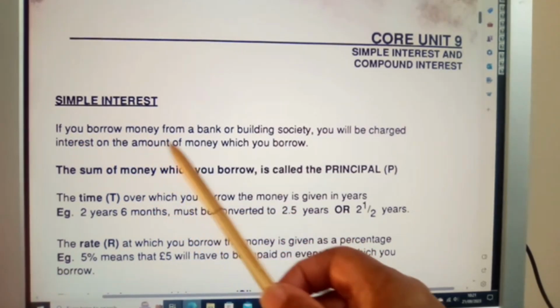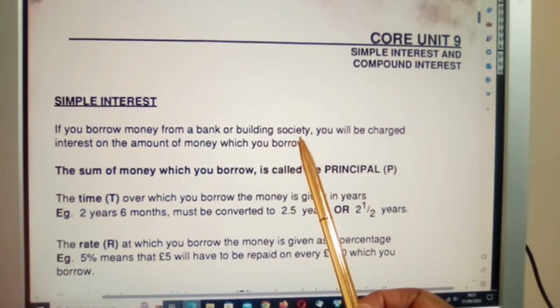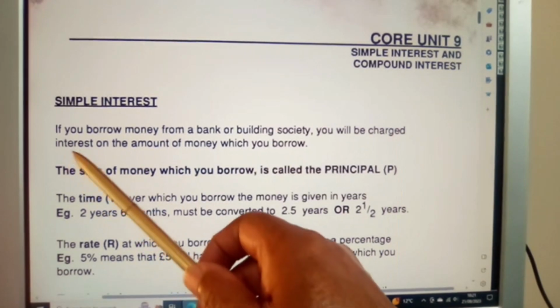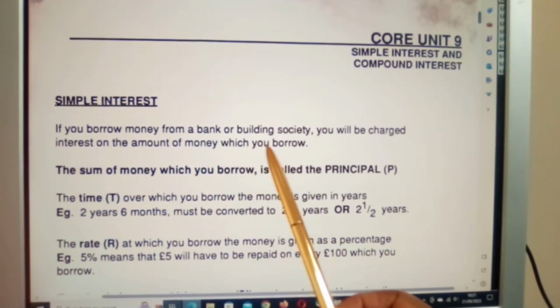If you borrow money from a bank or building society, you will be charged interest on the amount of money which you borrow.